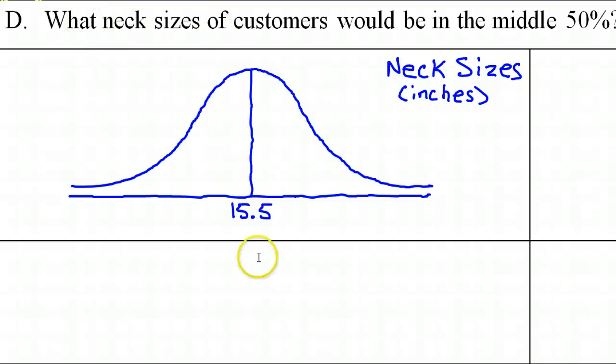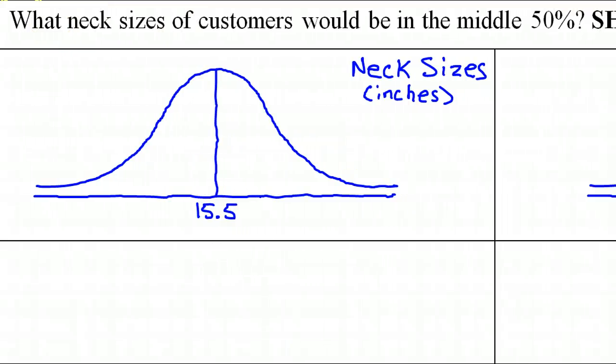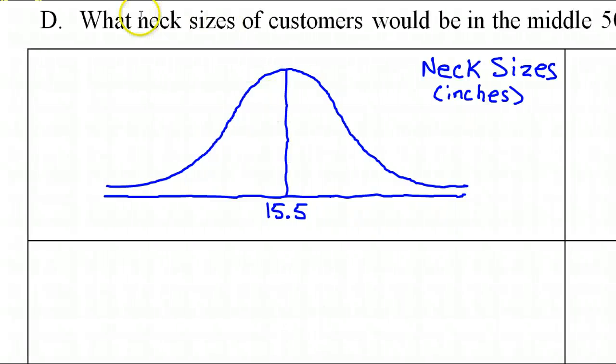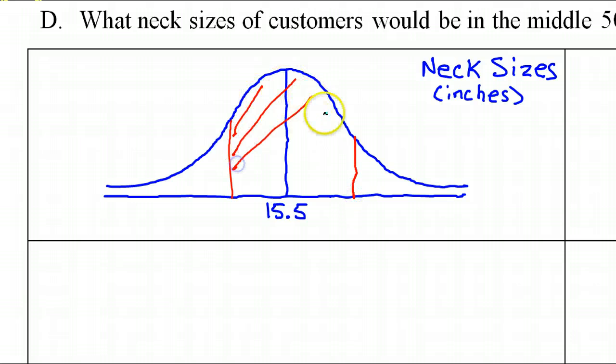Okay, what neck sizes of customers would be in the middle 50%? When we talk about the middle 50%, we're talking about a zone. We don't know exactly what these neck sizes are, but the middle 50% is a zone in the middle.